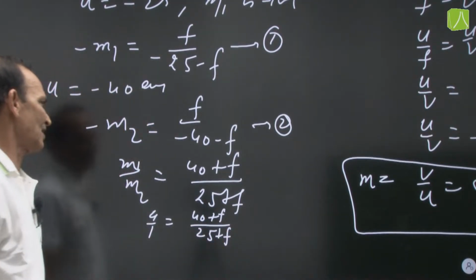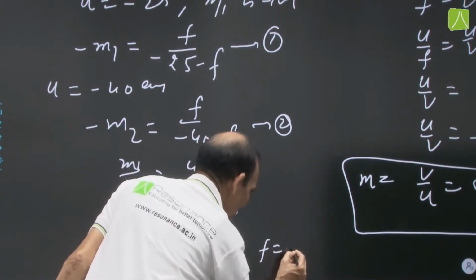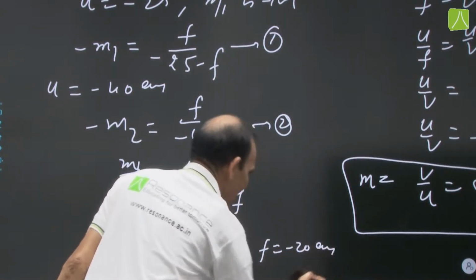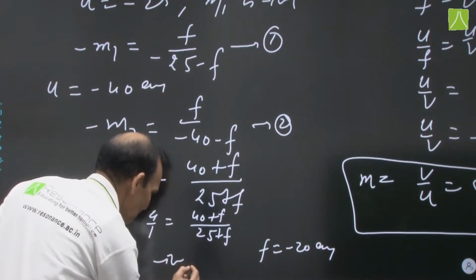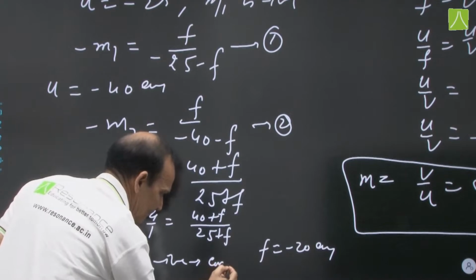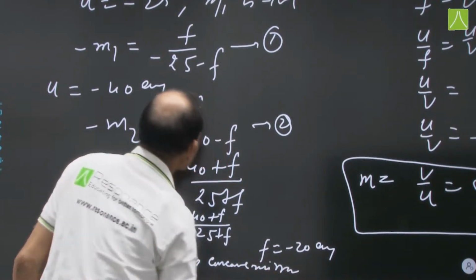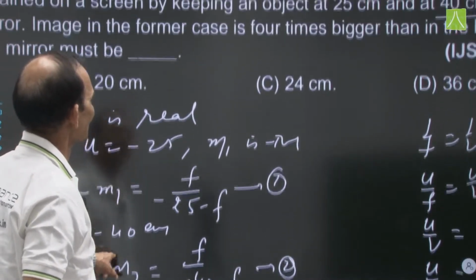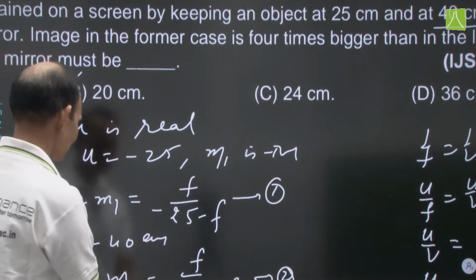On cross multiplying, find the value of f. So f becomes minus 20 centimeter. Minus means negative sign shows nature of concave mirror. So correct answer is 20. It is B. Is it clear?